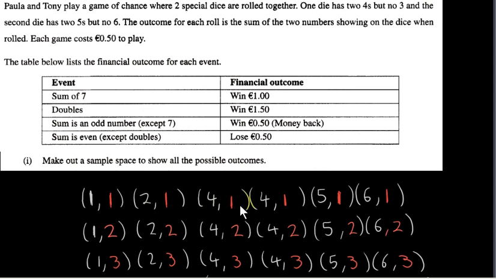Now, I've shown the outcomes for what appears on both dice when they are thrown. But the outcome that we're interested in here is the sum of the two numbers showing on the dice when rolled. So I'm going to write next to each pair the sum. So we have 2 here, 3 here, 5, 5, 6 and 7.